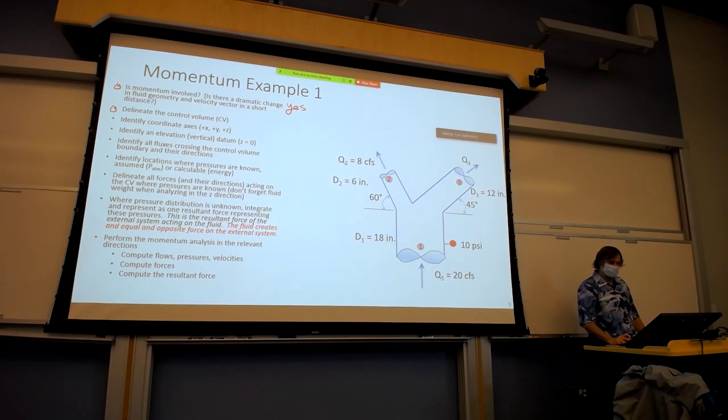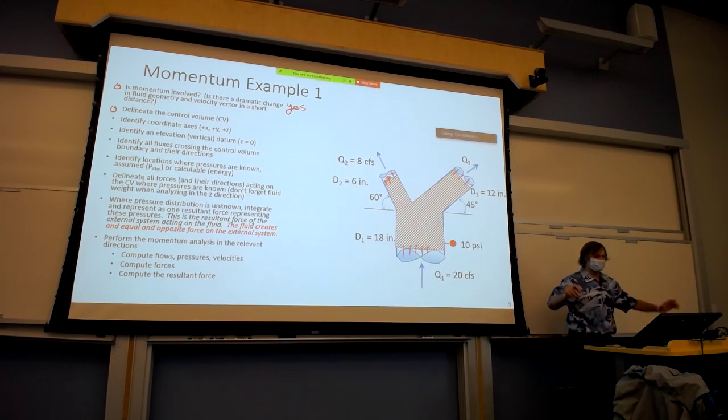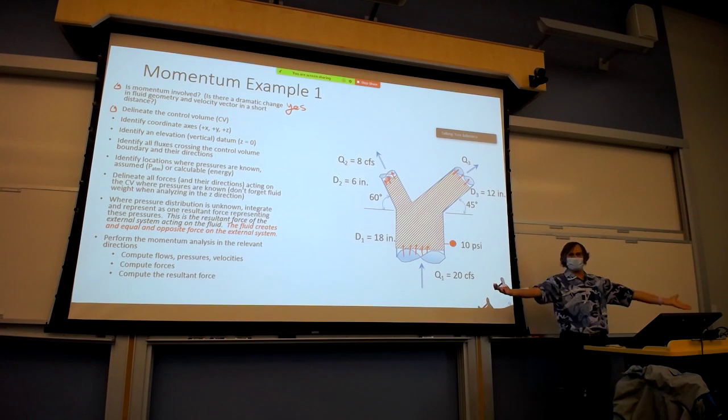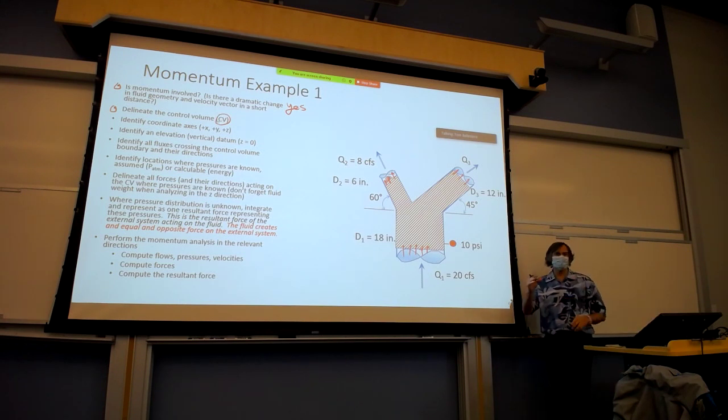And when you see it drawn in here, we have one-dimensional velocity vectors here, here, and 2, and here. And then everywhere else, outside of those 3 locations, it's just the skin of the pipe. That's a no-flow boundary. So that's our control volume about which we're trying to do the momentum analysis. It's hard to do a momentum analysis, especially for someone to review your work, if you don't show them what your control volume is.